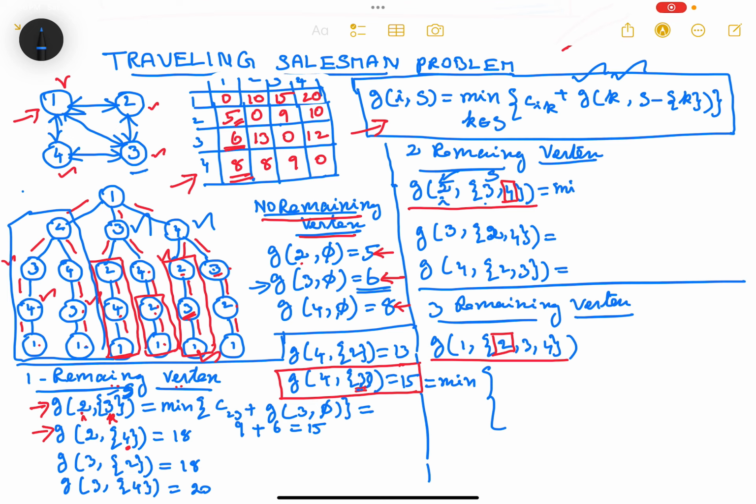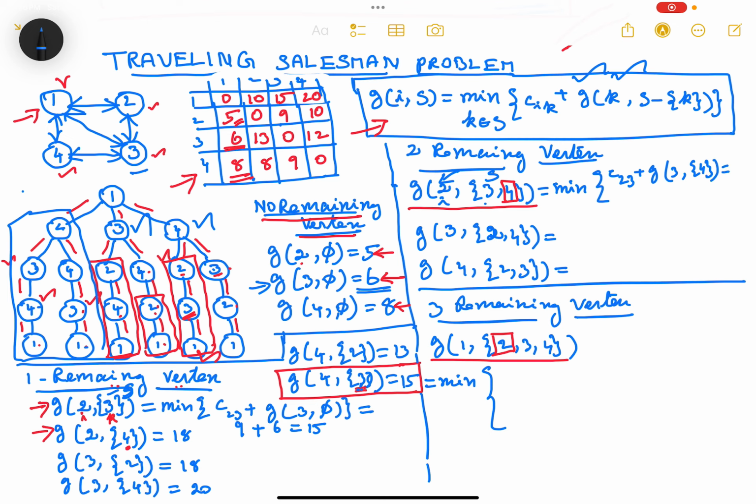So it is equal to the minimum of two possible k values. Now we are taking 3 as k. So C23 plus g of k, where k is 3, 3 comma S minus k, that is {3, 4} minus 3, which is equal to 4. This is the value we are getting.